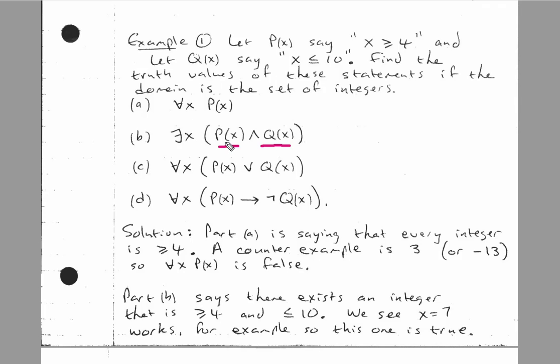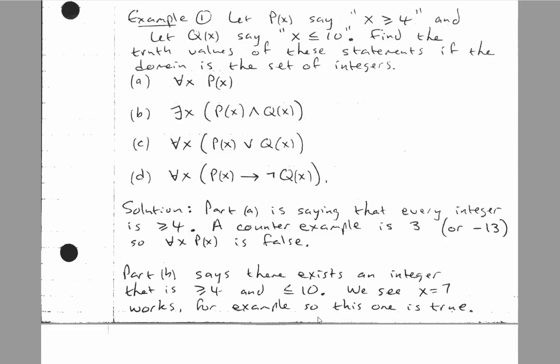Does there exist an integer that is greater than or equal to 4 and less than or equal to 10? Yeah, so that's true. You can find one. Any of the numbers 4, 5, 6, 7, 8, 9, or 10 are going to work. So this is true.